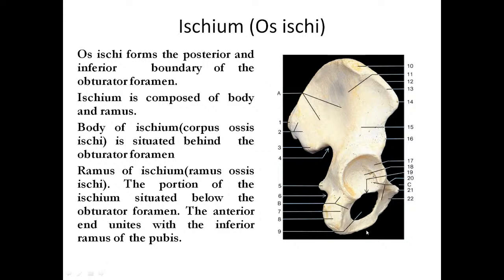The anterior end unites with the inferior ramus of the pubis. This is pubis bone. This is ischium, body and ramus. The body has spina ischiadica.